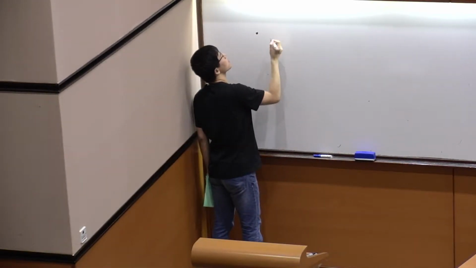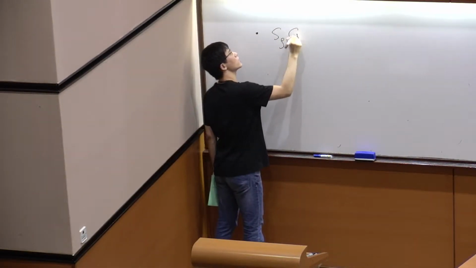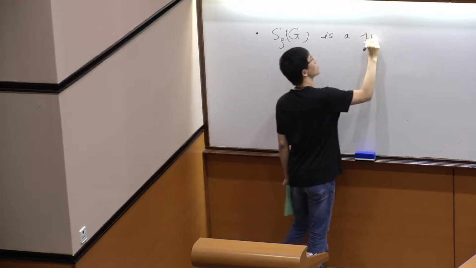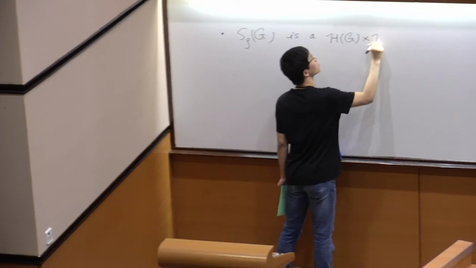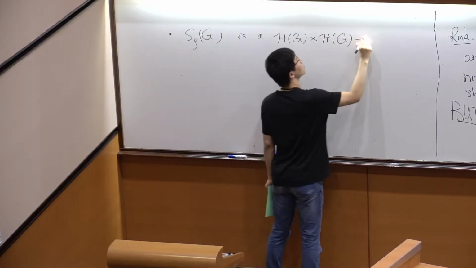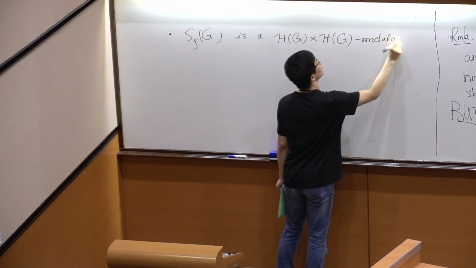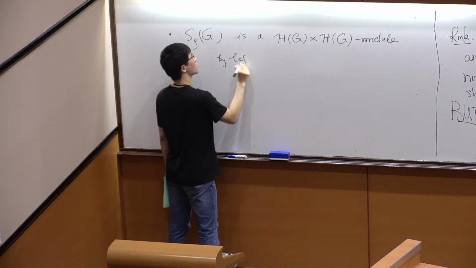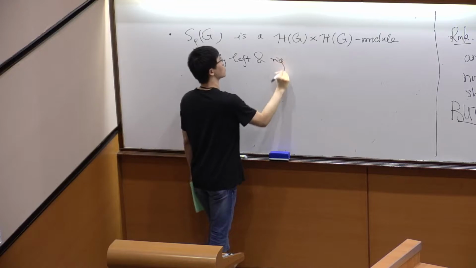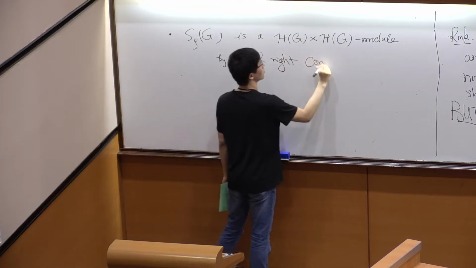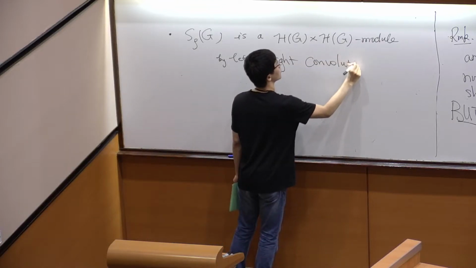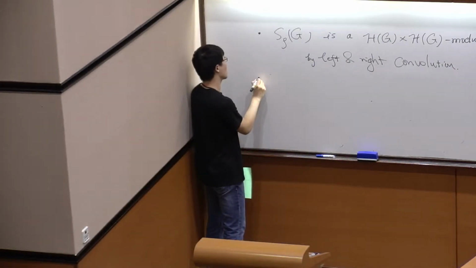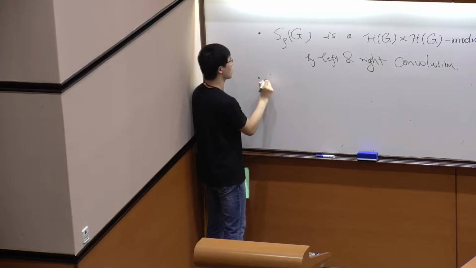The second property is that the Schwartz space S rho G should be an HG cross HG module by left and right convolution. And the third property, I think it's one of the most important properties, is the geometric property.